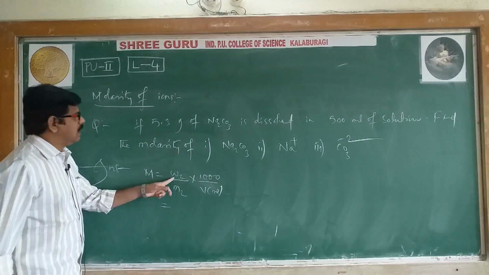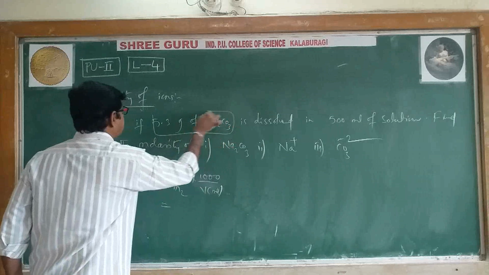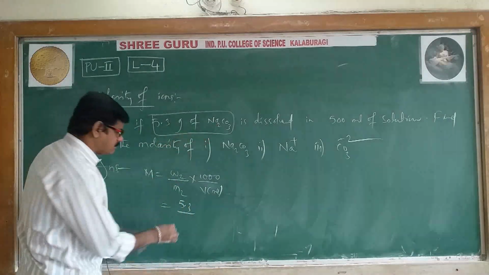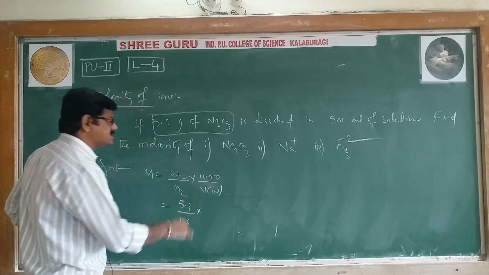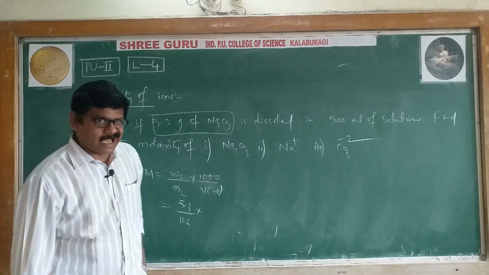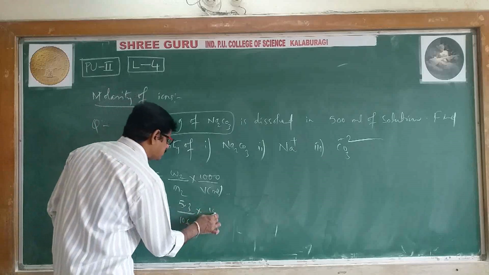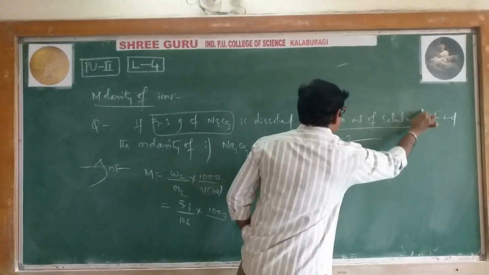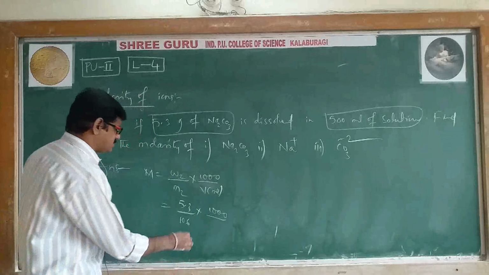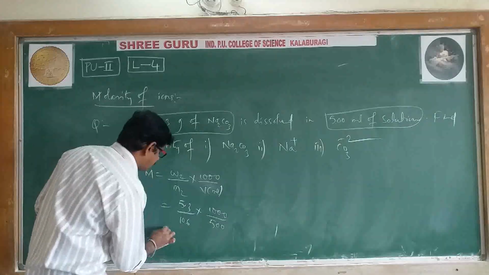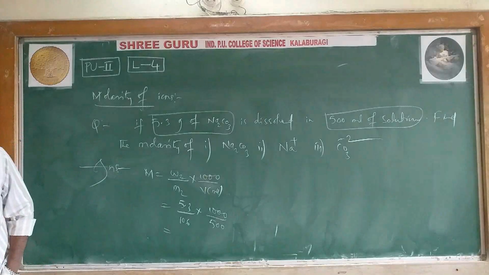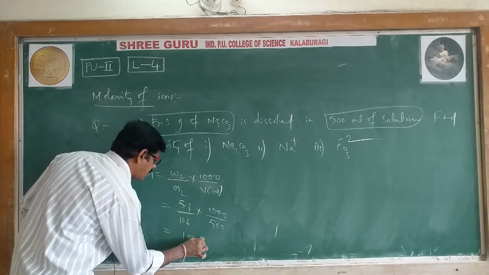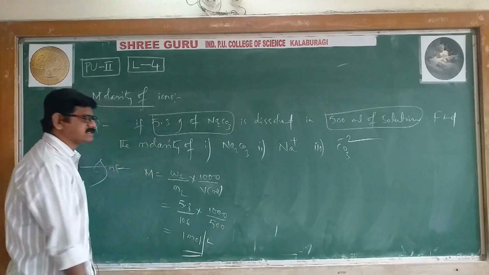Mass of solute is 5.3 grams. 5.3 divided by sodium carbonate molar mass, which is 106, that you can calculate, into 1000 divided by volume of solution, 500 milliliters. Again, if you do the simplification, you will get just one molar.